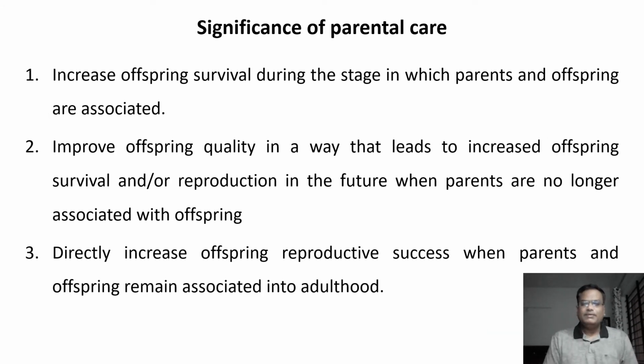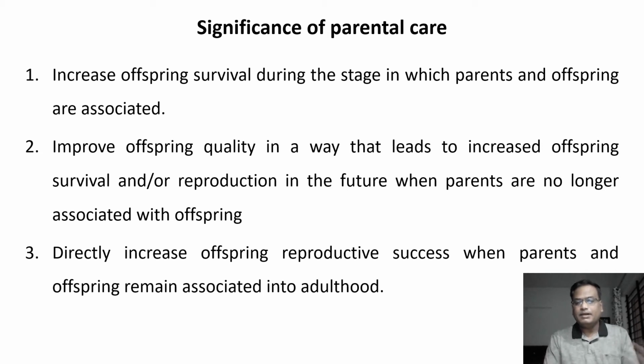What is the significance of parental care? I mean, what is the importance of parental care in nature? It increases offspring survival during the stage in which parents and offsprings are associated. In a parental care behavior, when the parents and offsprings are associated with each other, that increases the survival percentage, you can say.